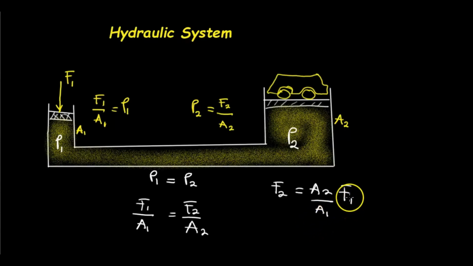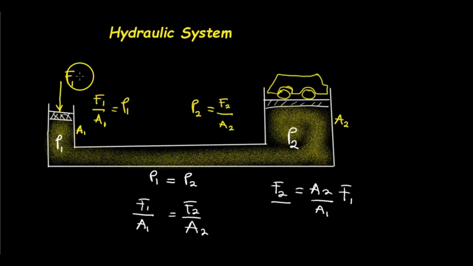So anytime you apply a certain force at the input, the cross-sectional area at the output is known and the cross-sectional area at the input is known, you can use this relation to find the force that is resulting at the other end.